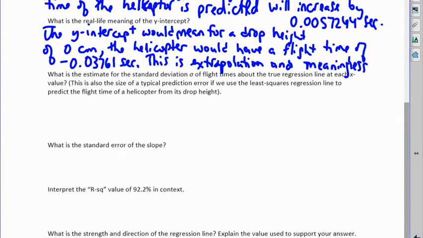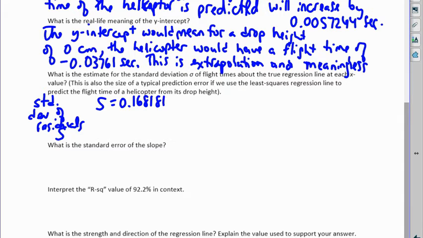So, okay, so here we did look at the standard deviation of residuals, and that's S. So, in this case, S was equal to 0.168181. What are the units of S?